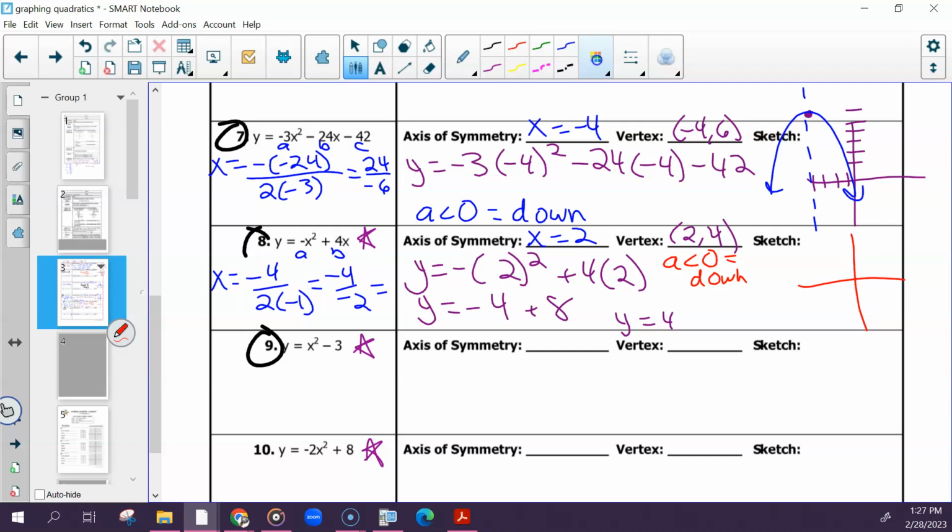Vertex would be 2, 4. Wait, I'm confused. Where'd you get negative 4 from? Oh, because this would be positive 4, but it had a negative in front already. Your axis of symmetry would be at 2, and this would face down.